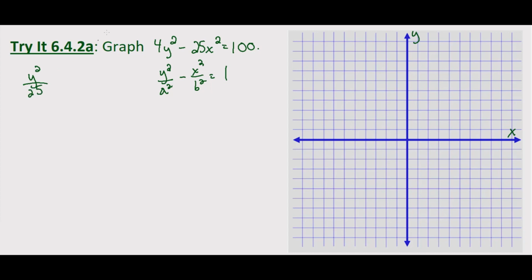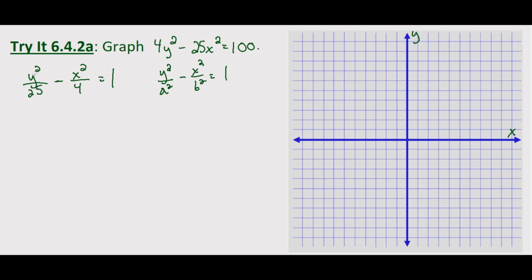So in other words, when we divide by 100, the 4 cancels, and we're left with 25 in the denominator, minus x squared over the 25 cancels, and 100 divided by 25 is 4, and then 100 divided by 100 just equals 1. So now we have our standard form.